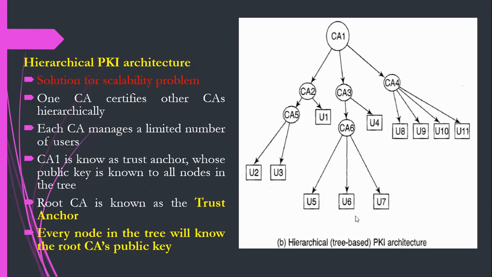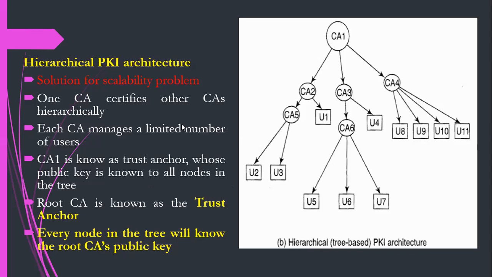For the sake of communication, all the nodes in the tree must know the public key of the trust anchor. Every node in the tree will know the root CA's public key. That's also very important, right? Hence this is a hierarchical, or even called a tree-based, public key infrastructure architecture.